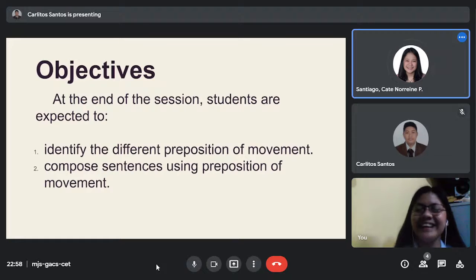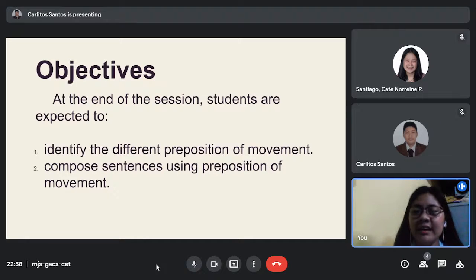Thank you. For the second objective, we achieved it because everyone did create or compose their own sentences using the preposition of movement through the activity. Am I correct? Someone typed in yes.